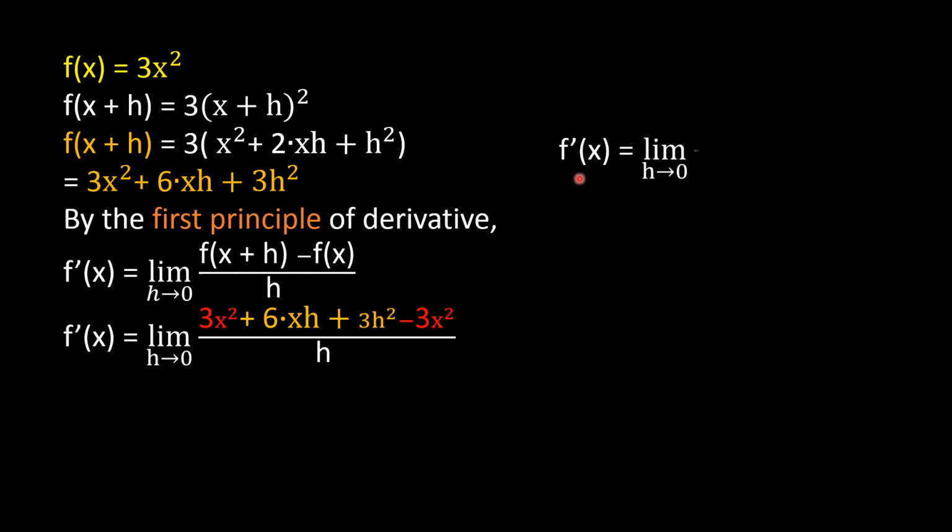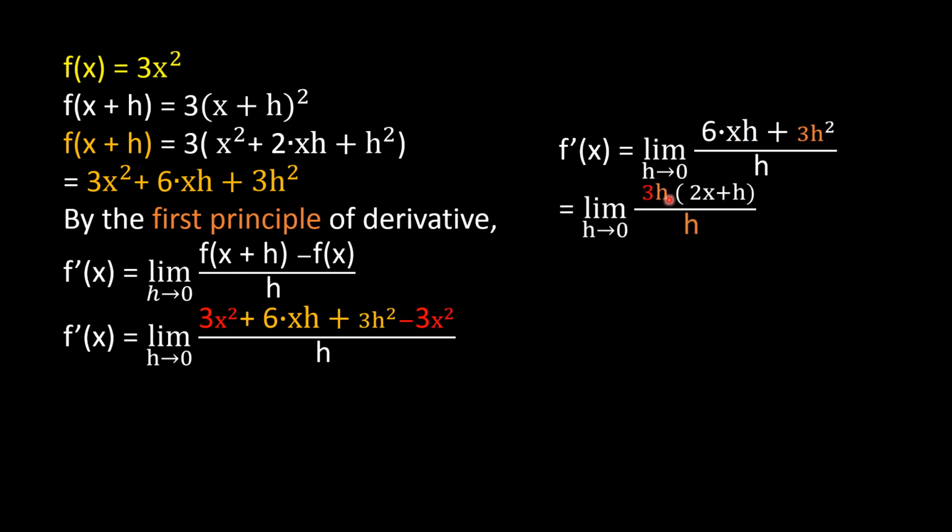So we get 6xh plus 3h squared. Here we will take 3h common from these two terms. So this will be 3h multiplied by 6xh divided by 3h, which will be 2x, and 3h square divided by 3h will be h.